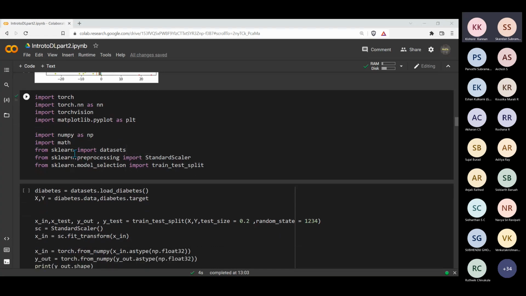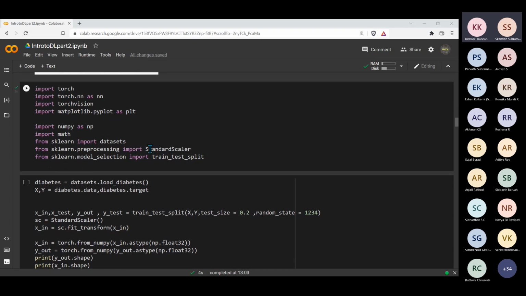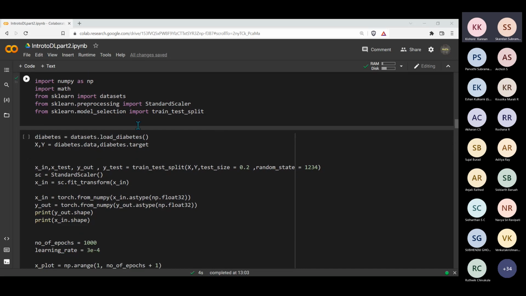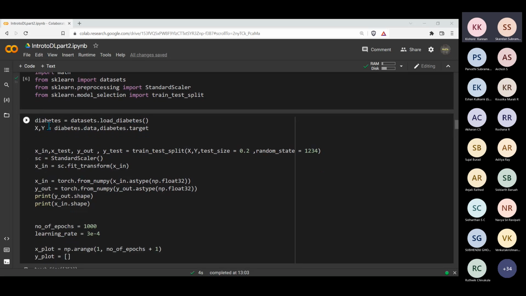And then there's this library called sklearn, which stands for scikit-learn, and it provides nice data sets, and also provides functions for processing the raw data. And yeah, so here I have defined the data set.